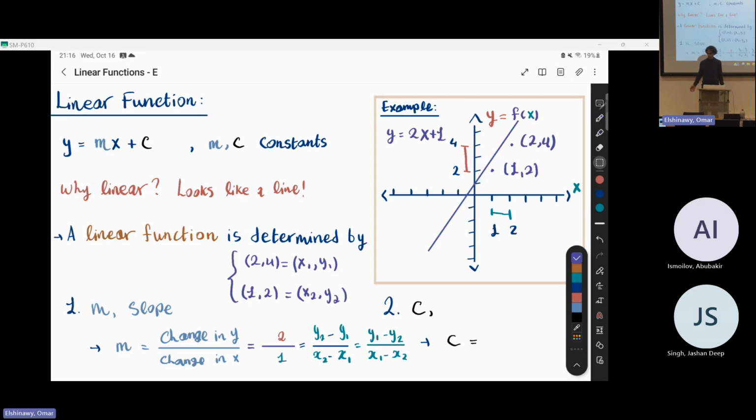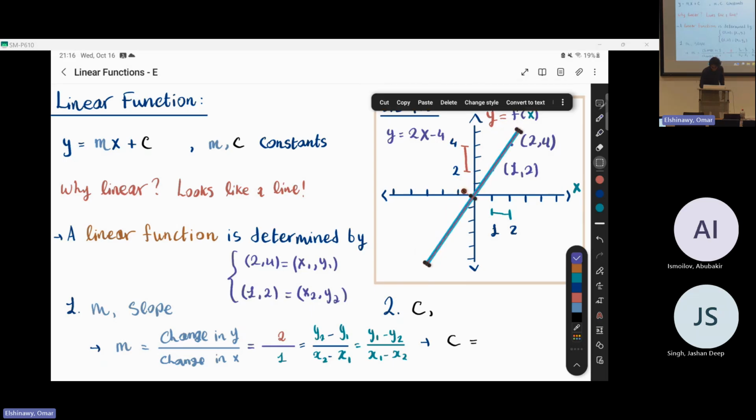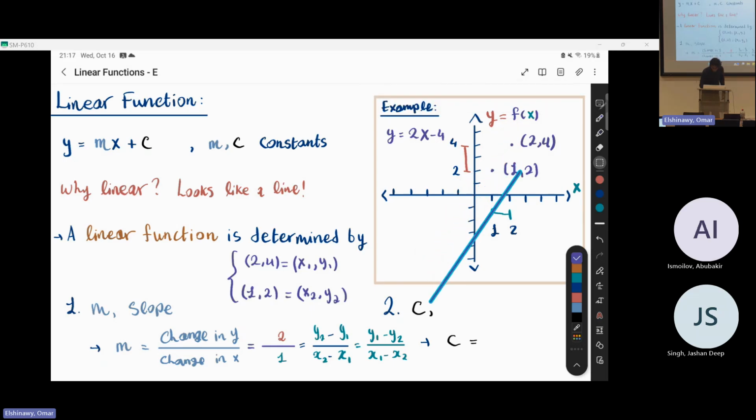Is this okay? If I do 2, then it shifts 2 steps up. If I do a -4, then we just go back to our original position. We go down 1, 2, 3, 4 steps.